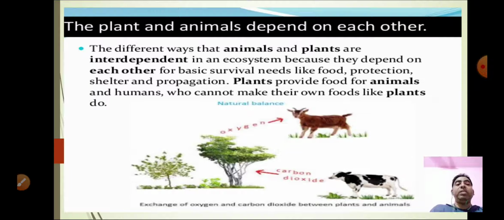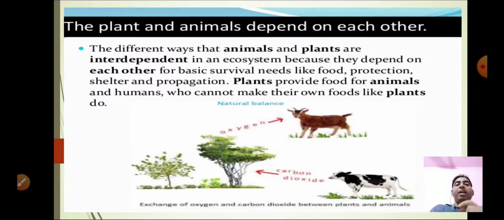Herbivorous animals eat the plants, and these plants prepare their food with the help of sunlight, carbon dioxide and water. They depend upon the abiotic components, and herbivorous animals depend upon the plants.